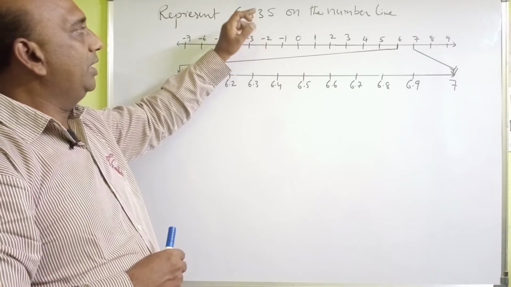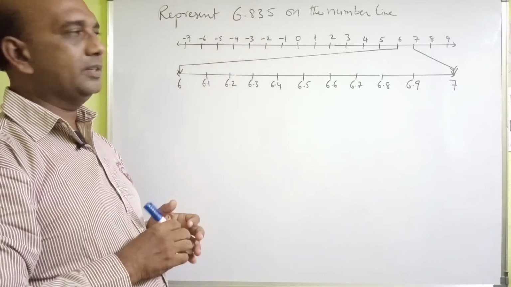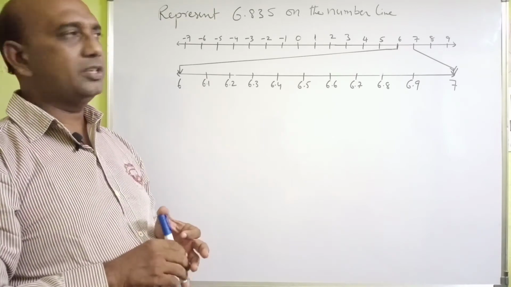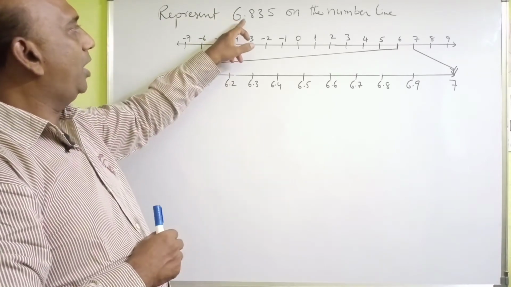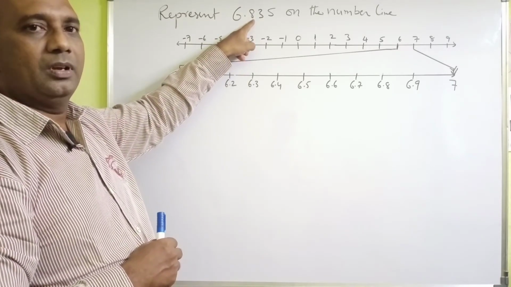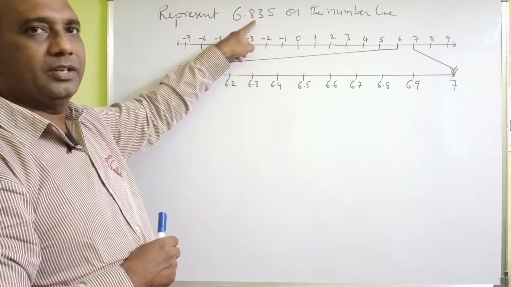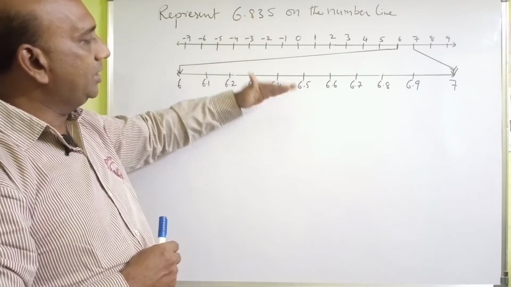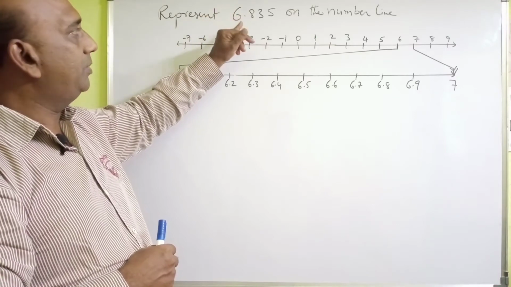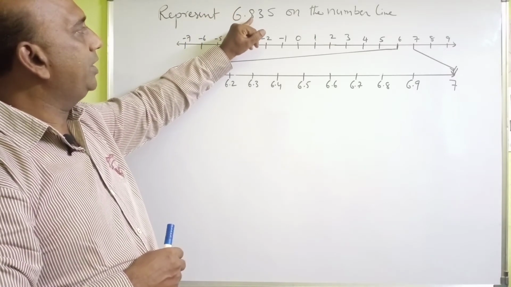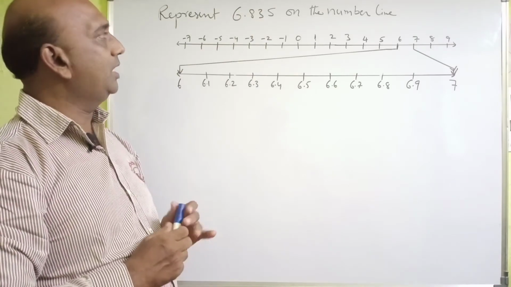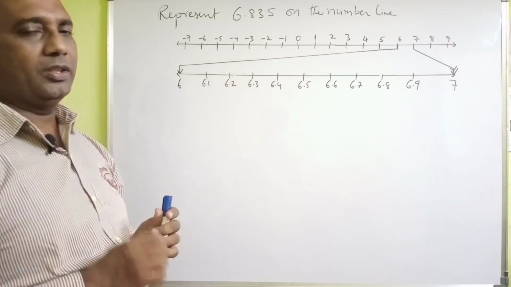So, next we have to mark the rational numbers between 6.8 and 6.9, because the first digit after the point is 8. So on the next number line, we have to write the decimal numbers between 6.8 and 6.9.